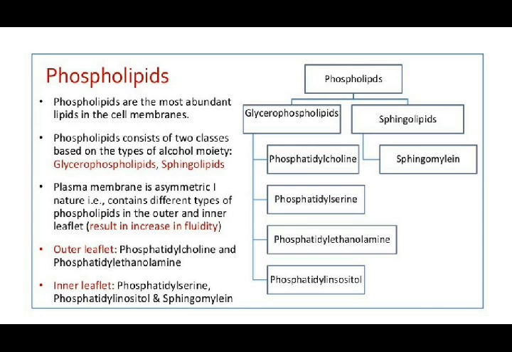Glycophospholipid consists of phosphatidylcholine, phosphatidylserine, phosphatidylethanolamine, and phosphatidylinositol, and sphingolipid contains sphingomyelin.